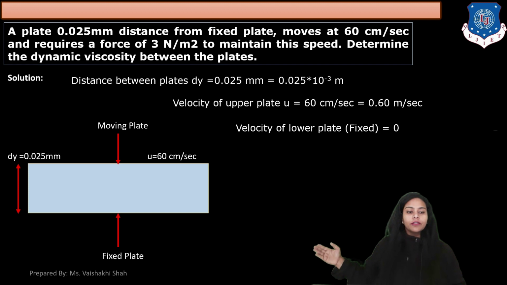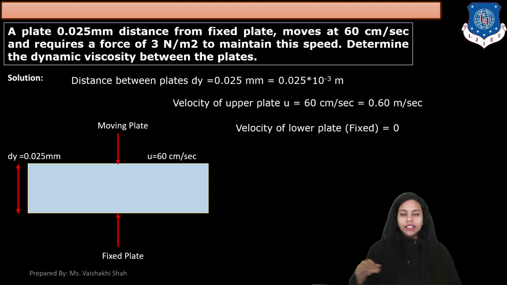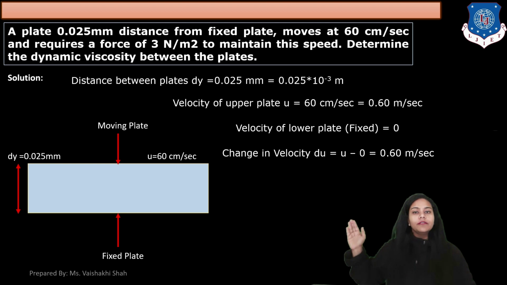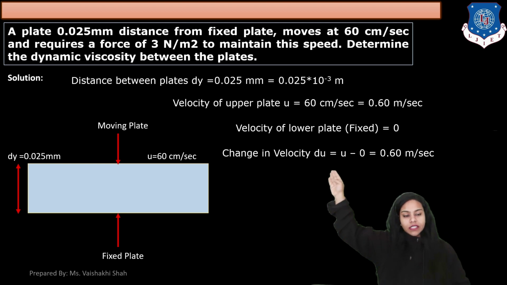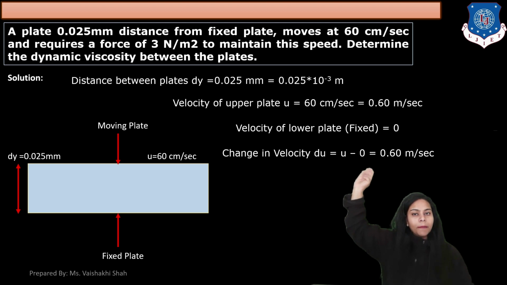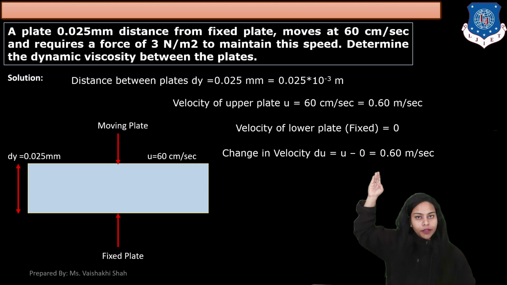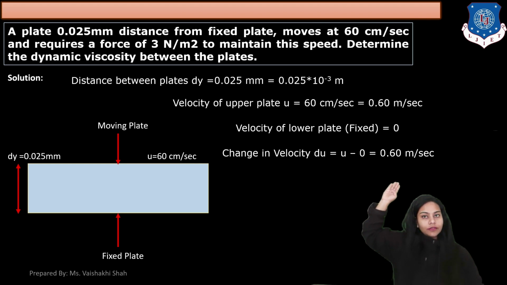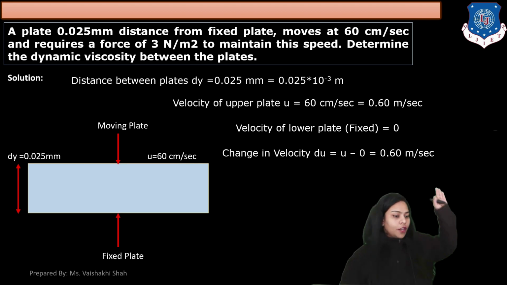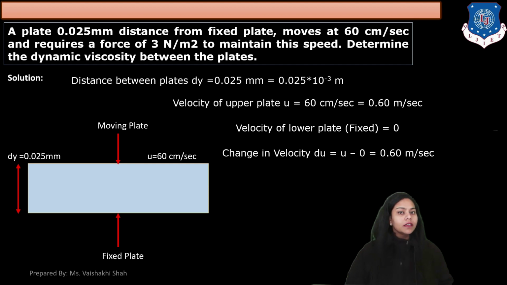The velocity of lower plate is 0 because it is fixed. Now if we have to find the change in velocity, du, then du equals u minus 0, velocity of top minus velocity of bottom, so the change in velocity is 0.6 meter per second.